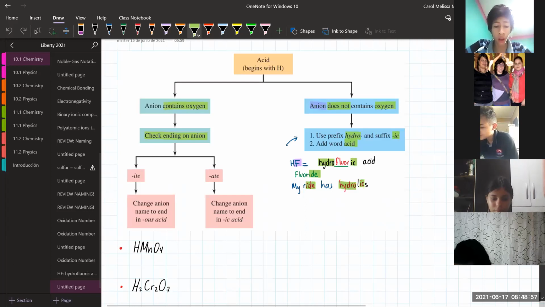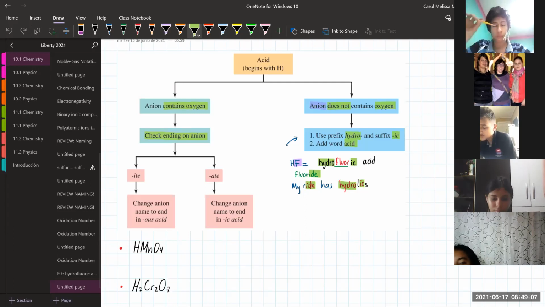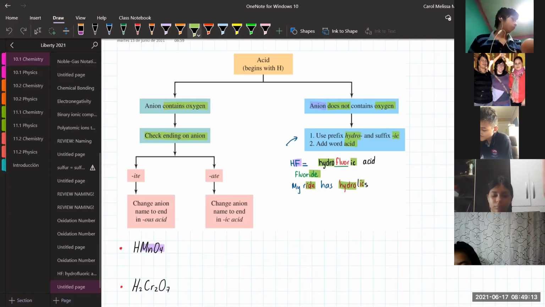So we have two acids. We need to check the anion. I told you the anion is the part of the acid that is not hydrogen, okay? So we're going to focus on the anion. What is this anion?